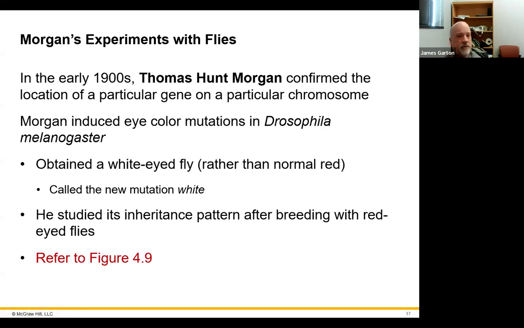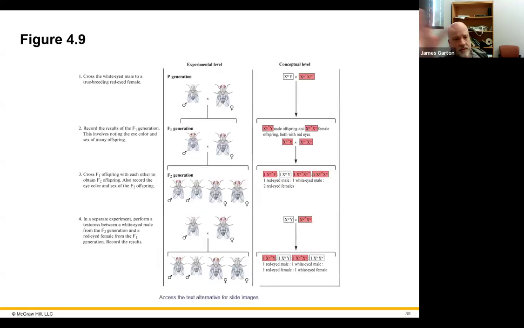And so in the 1900s, T.H. Morgan and his research group found this white-eyed fly. And they did some crosses. They crossed the white-eyed fly with a red-eyed fly and got the F1 generation. And the white-eyed phenotype had disappeared, which was expected.